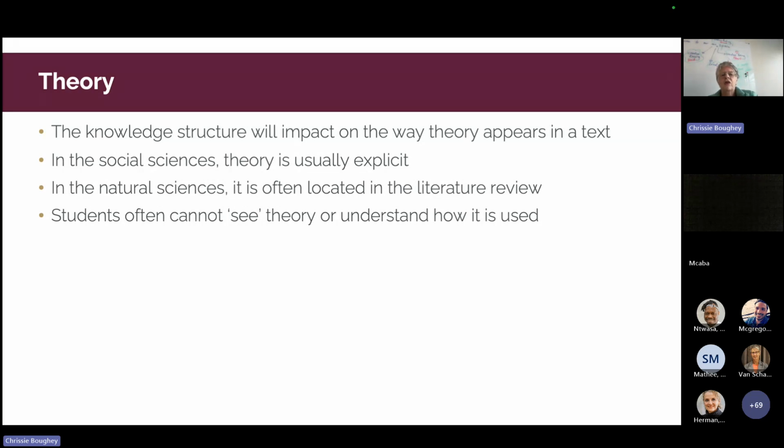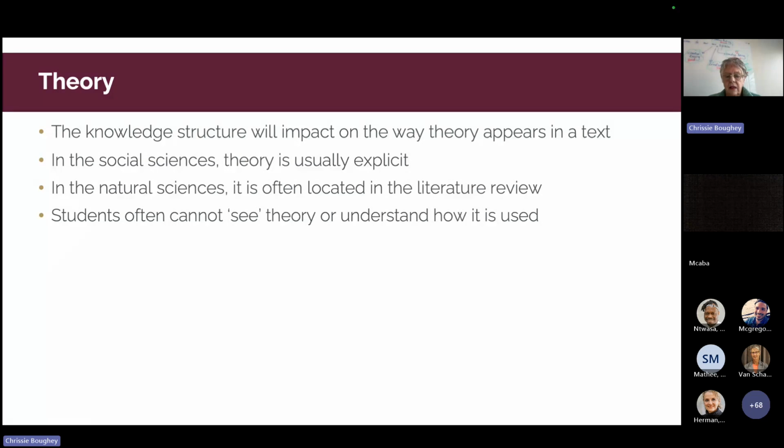So the knowledge structure, remember I talked about the difference there between a hierarchical structure and a horizontal structure. The knowledge structure will impact on the way a theory appears in the text. In the social sciences, theory is usually explicit. You talk about the theory, you write a section on the theory. In a PhD, you'll write a chapter on the theory. And you'll talk about the components of the theory, how it operates, and what it allows you to see.